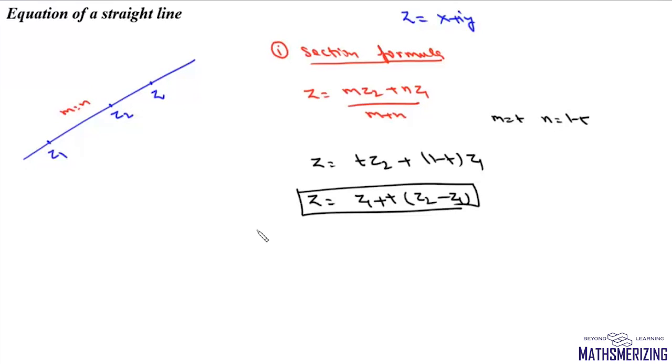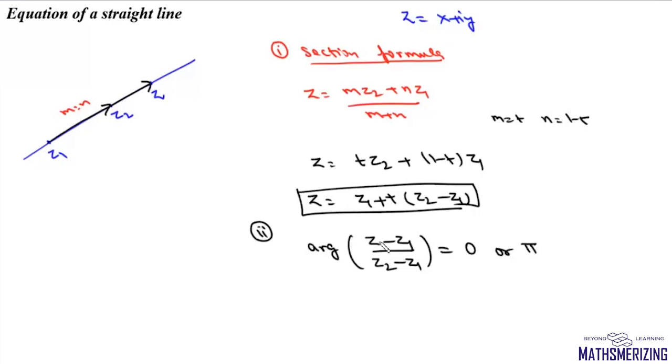Now another way to write equation of straight line is using arguments. So we know that if these 3 points are in straight line, then argument of z and z1 and argument of z1 and z2 must be in the same direction or in opposite direction. So that means we can write argument of (z minus z1) upon (z2 minus z1) must be either 0 or pi.